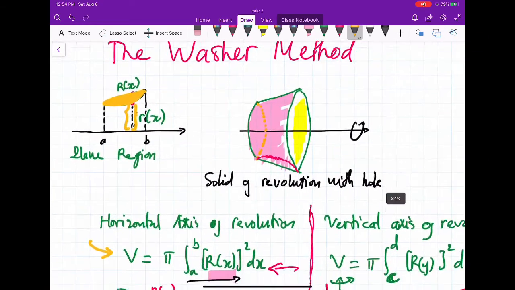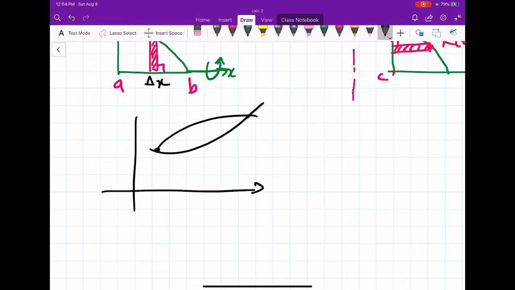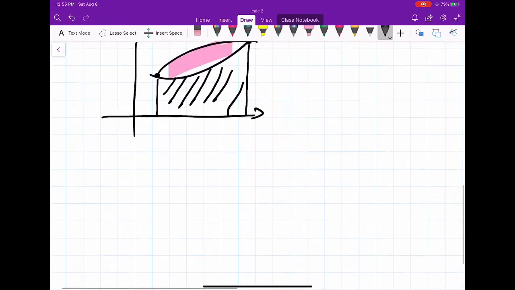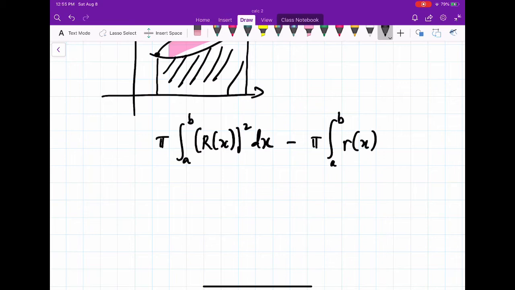So I need to subtract them, like in the problem of the area of the region enclosed by two curves. You find the area of the bigger region, you find the area of the smaller region, and then you take the difference, and you get what you need. So I may have the following formula: if you have one function, R(x) squared, I have pi here, integral from a to b, dx. You have another one, with a smaller one, r(x).